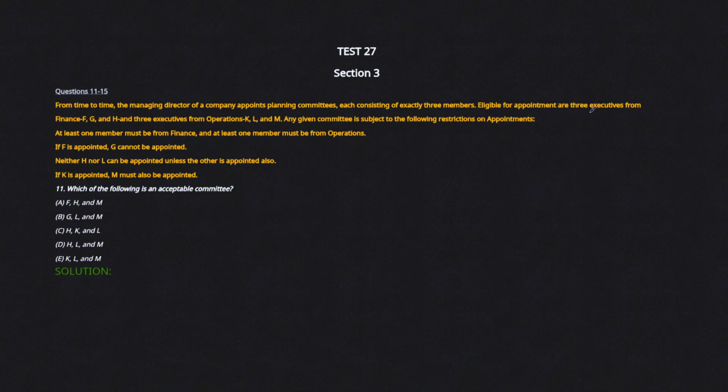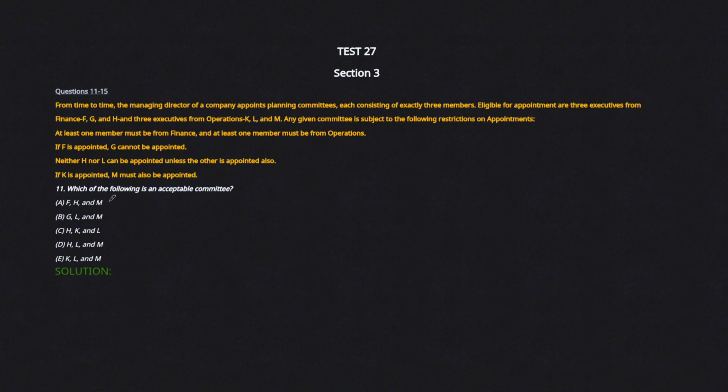Eligible for appointment are 3 executives from finance, F, G, and H, and 3 executives from operations, K, L, and M. Any given committee is subject to the following restrictions on appointments. At least 1 member must be from finance, and at least 1 member must be from operations. If F is appointed, G cannot be appointed. Neither H nor L can be appointed unless the other is appointed also. If K is appointed, M must also be appointed.